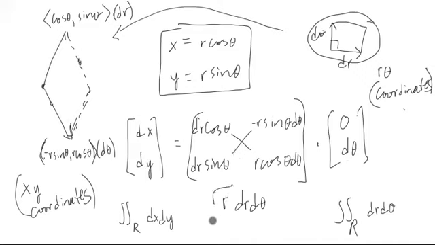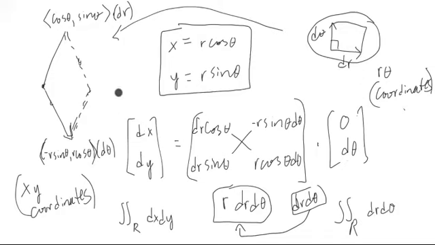So this is what we get. Dr d theta in the coordinate system over here, a rectangle over here, actually turns into a parallelogram, which has this area right here.